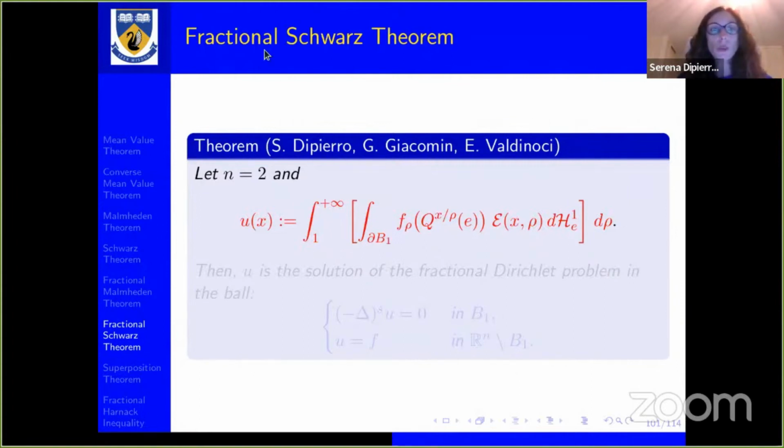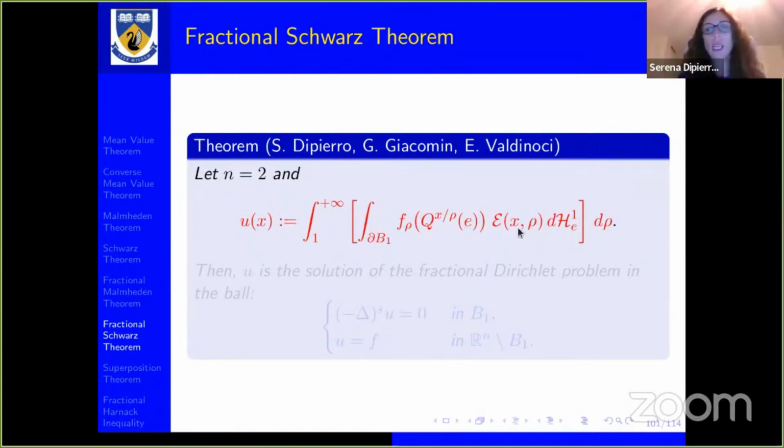So in dimension 2, the fractional Schwarz theorem reads as follows. And here, of course, we don't have the interpolating function. If you remember, in the classical Schwarz theorem, we had an integral over the boundary of B1 of f evaluated at the second endpoint, the one with the minus sign.